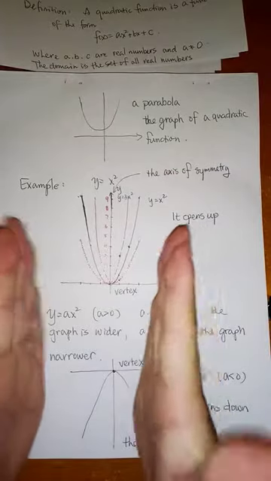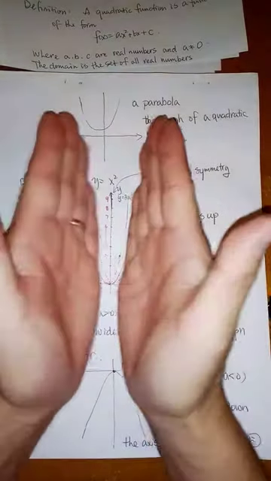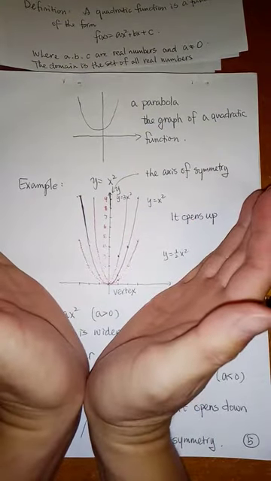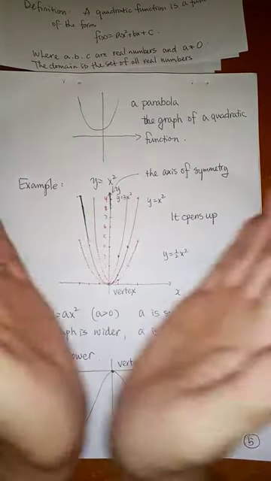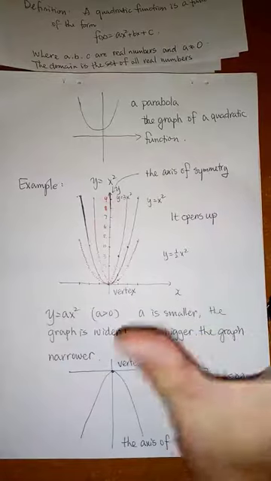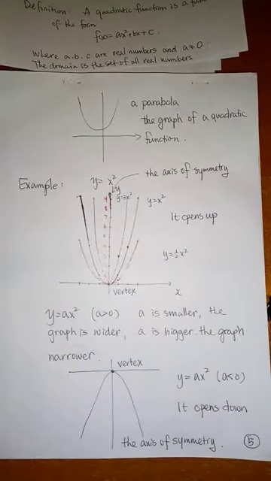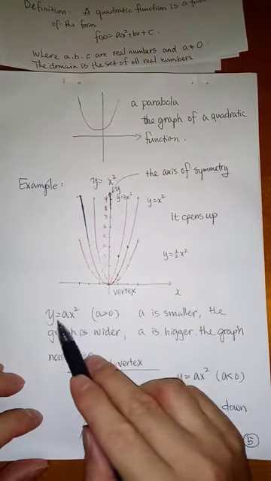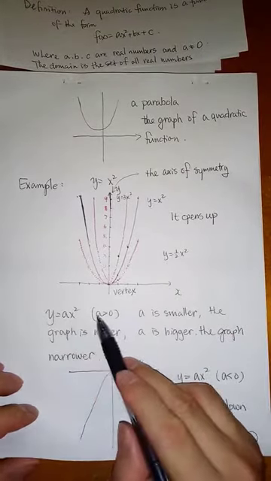If the absolute value of coefficient a is bigger, it's much more narrow. If the absolute value of a is smaller, it's much wider. The opening is wider. Okay, so that's the simple case when y is ax squared, no b, no c.